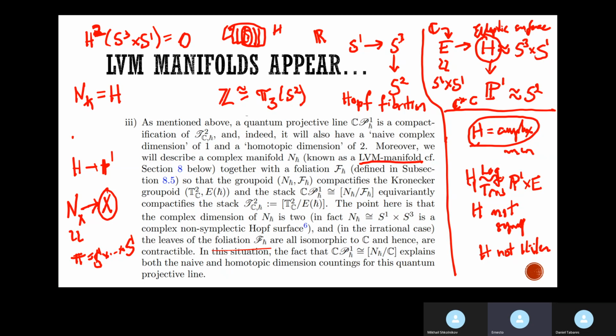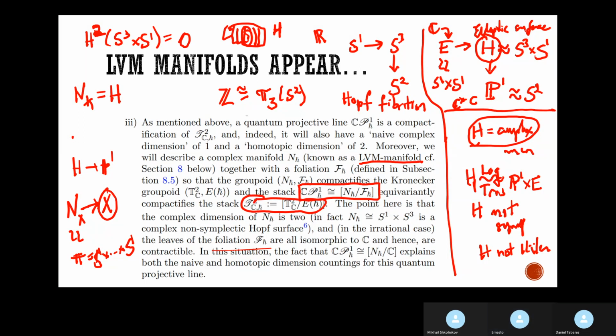Okay, so we do that. So CP1 really wants to be the space of leaves of this foliation, when I think of it as a Hopf surface foliated by elliptic curves. And I don't worry right now about the gerbe at the moment, and I just ignore it. Well, this compactifies the Kronecker foliation.